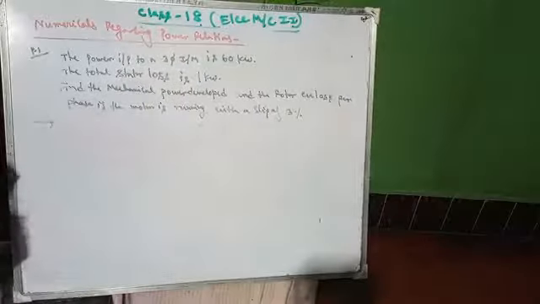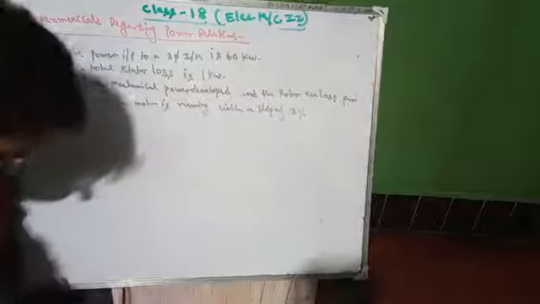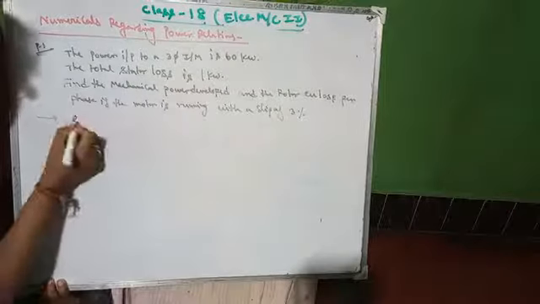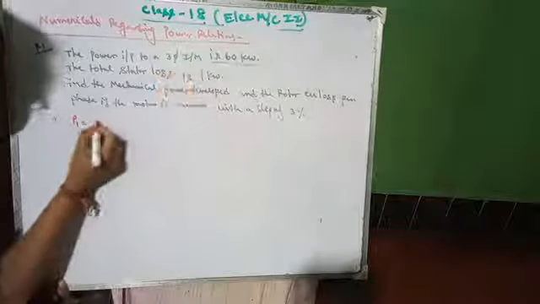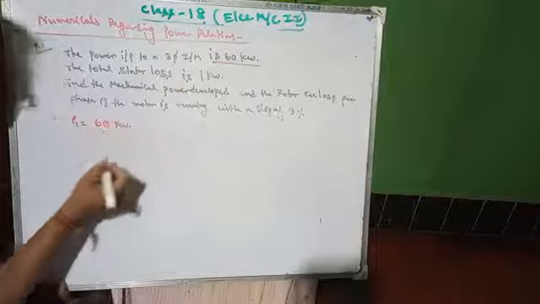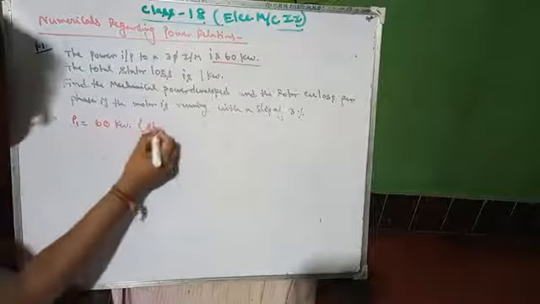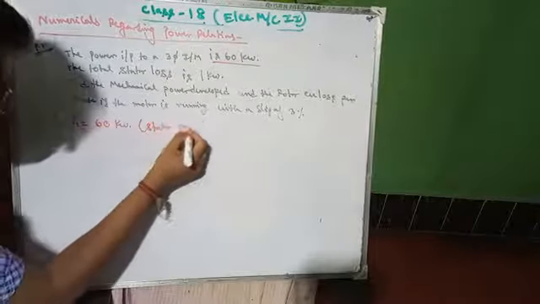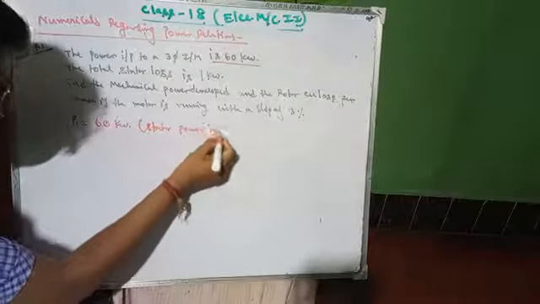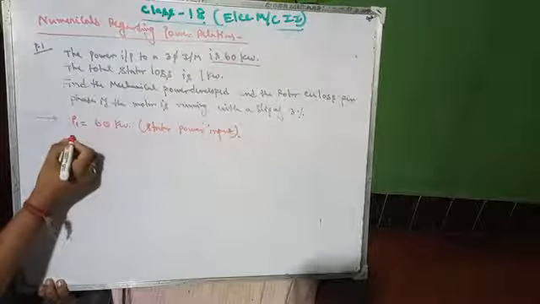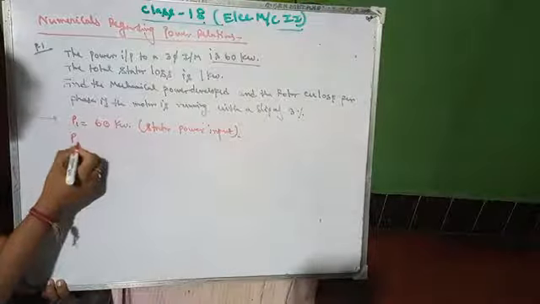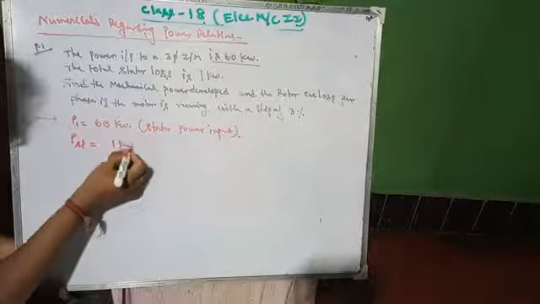That is, everything is given. See, in this numerical, P1 is given as 60 kilowatt. It is the total input to the motor, the stator power input, and the stator loss PST is 1 kilowatt.